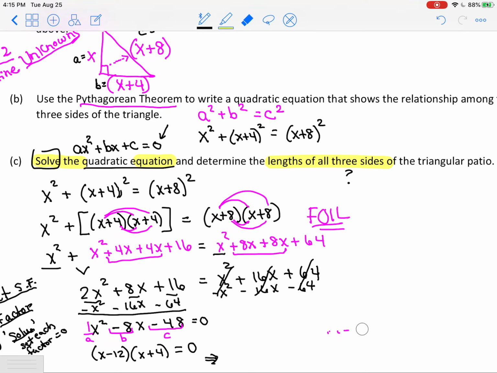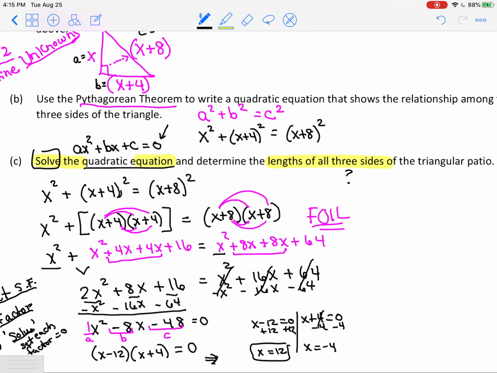Let me just make a bit of room here. All right, so we are going to have x minus 12 equal to 0, or x plus 4 is equal to 0. Well, if we add 12 to both sides, we can see that x is equal to 12, or x is going to equal negative 4.